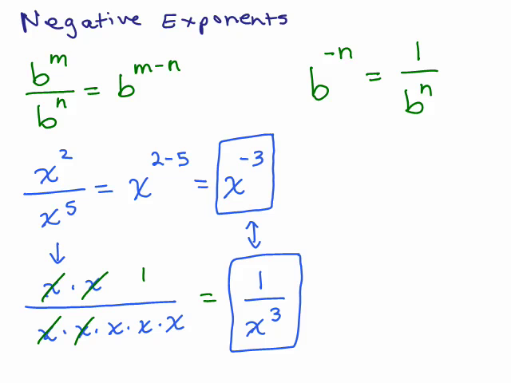And that's the meaning of negative exponents. When you see negative exponents, you could think of it as a fraction. So that's the rule for what a negative exponent means. Now usually in algebra, we write our answers with positive exponents only, and that's why it's important to understand that that's what b to the negative n means.